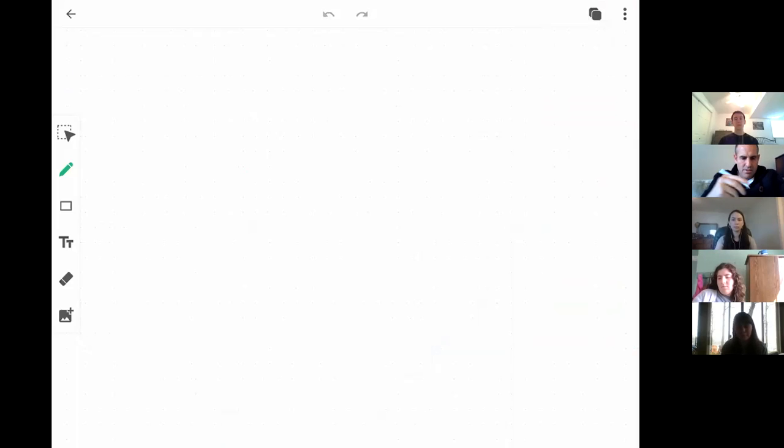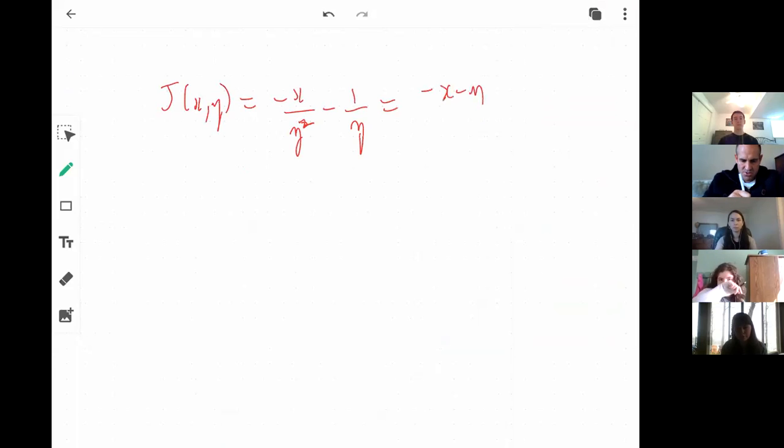So J of x, y was negative x over y squared minus 1 over y. And so what is this? That's like negative x minus y over y squared when you think about it. And I'm going to factor out the minus sign, so that's negative x plus y over y squared.